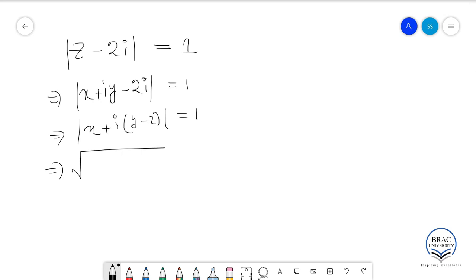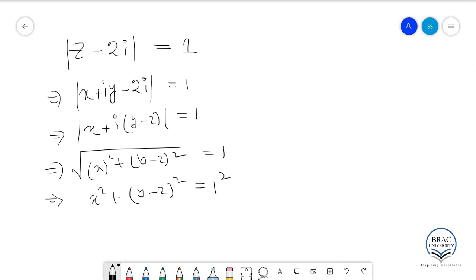The modulus is the square root of x squared plus y minus 2 squared, which is equal to 1. So if we square it, this is just x squared plus y minus 2 whole squared, which is equal to 1 squared.